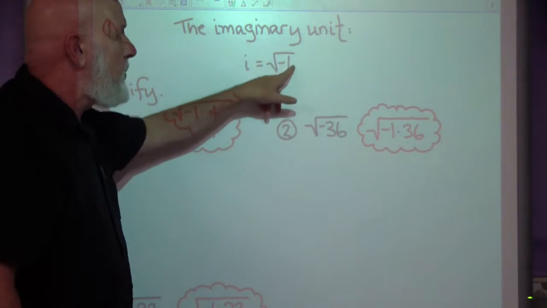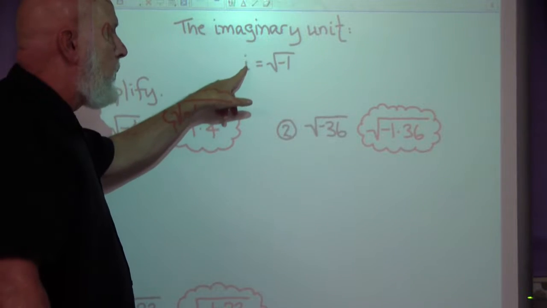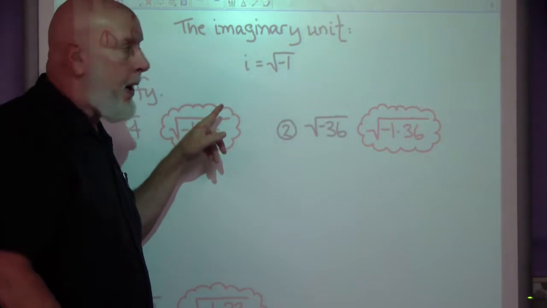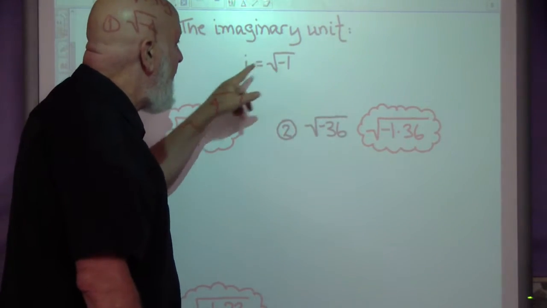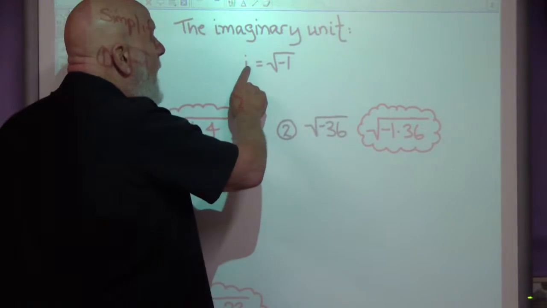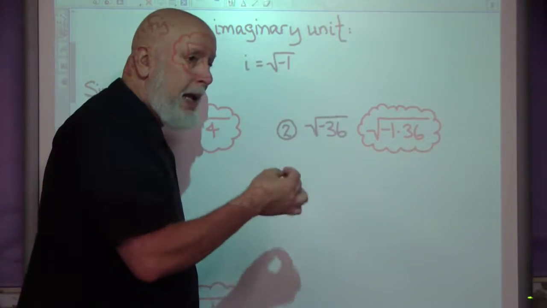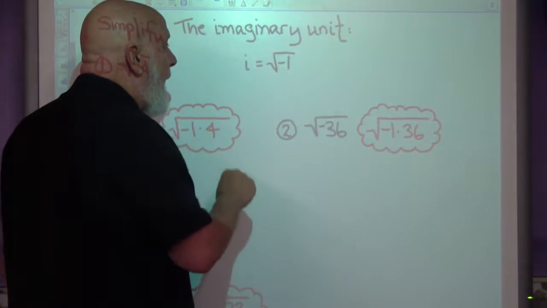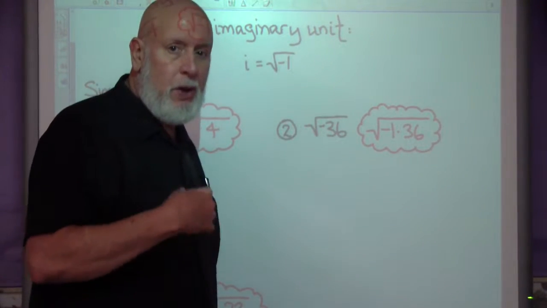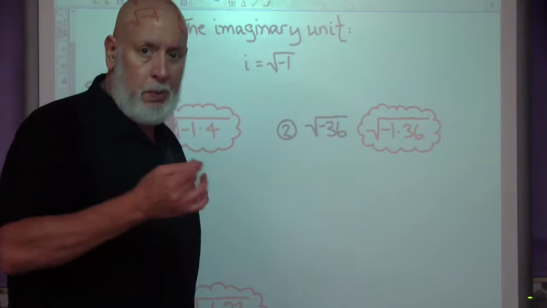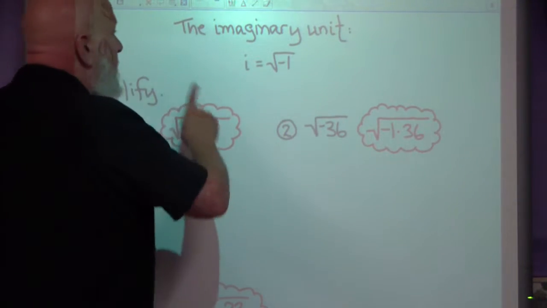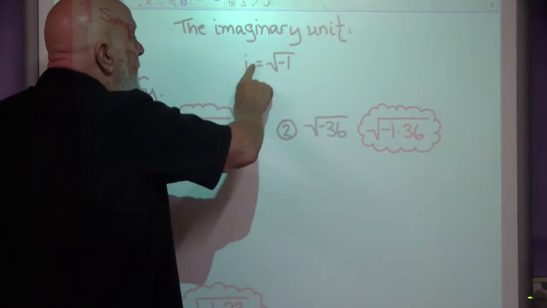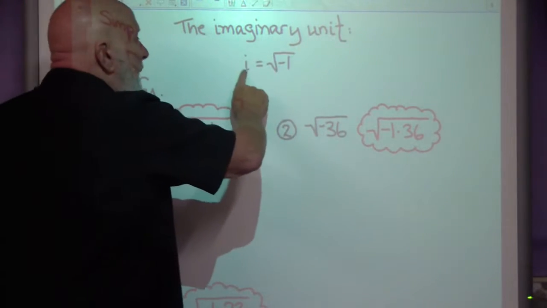So wherever you see the square root of negative 1, you can write the letter i, and they're equal in value. i times i will give me negative 1. It's the imaginary unit, and that's the basis of the imaginary numbers and the complex numbers, which we'll talk about later. Today we're just doing imaginary.